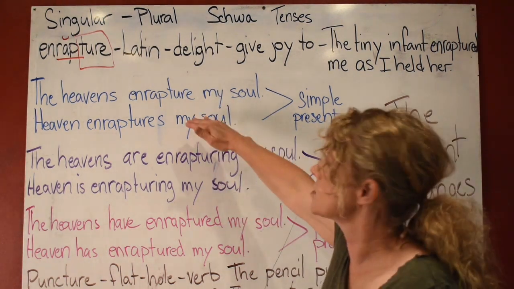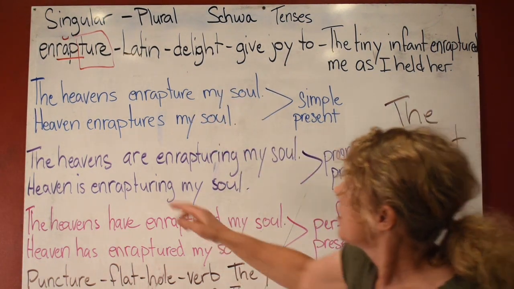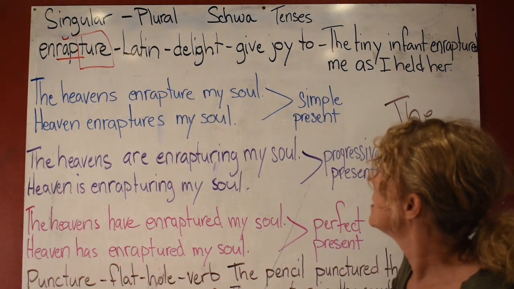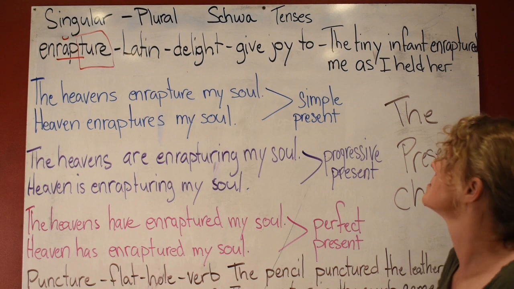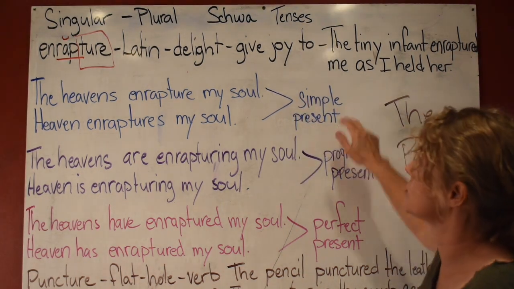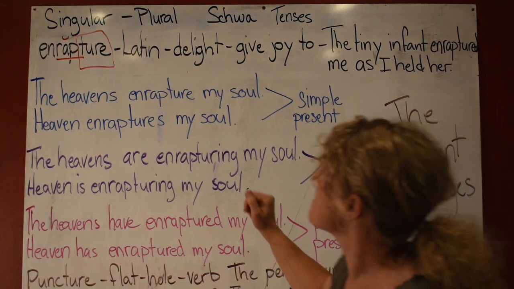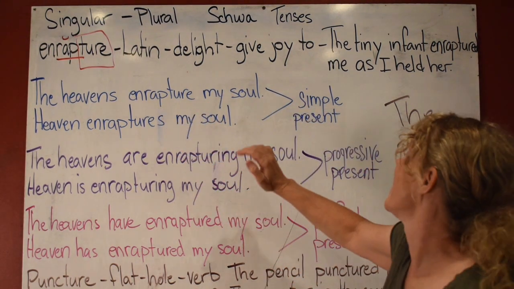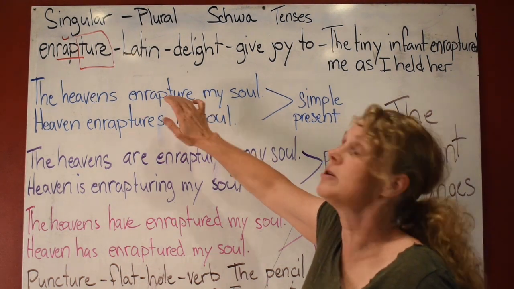All right, so look at these two sentences. The heavens enrapture my soul. So what tense is that in? Present. Okay, simple present. So I told it to you, right? Is this singular or plural?